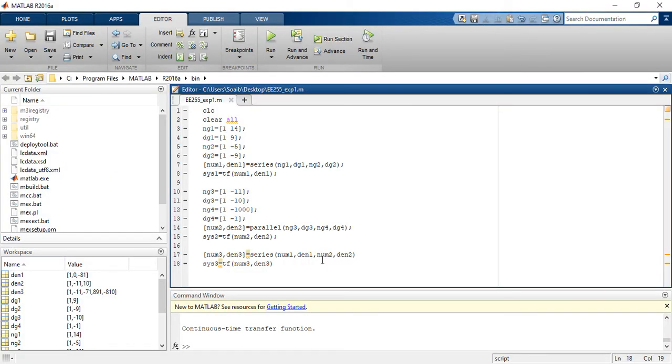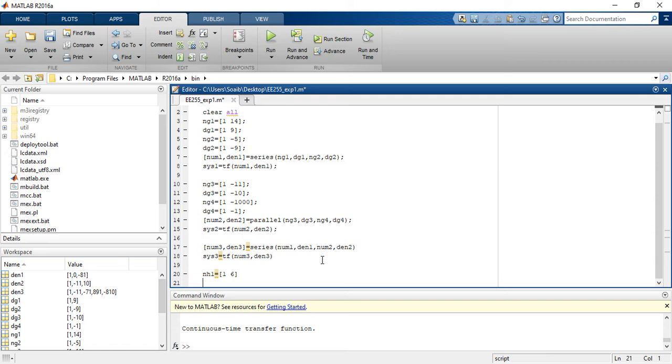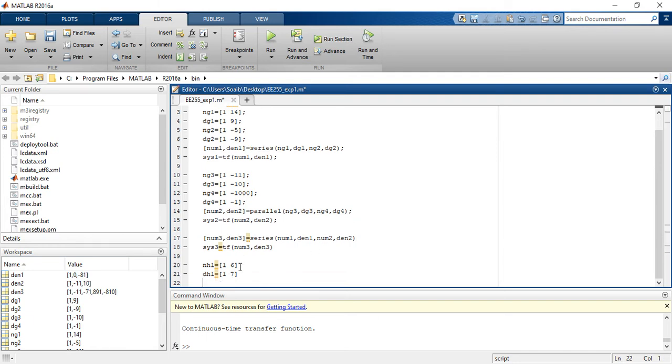So I will take numerator of h1 is equal to, let us say, 1 6, denominator of h1 is equal to 1 7, these two.